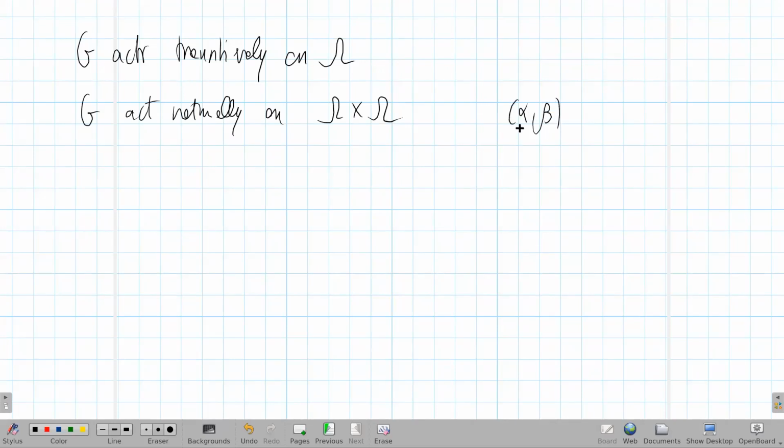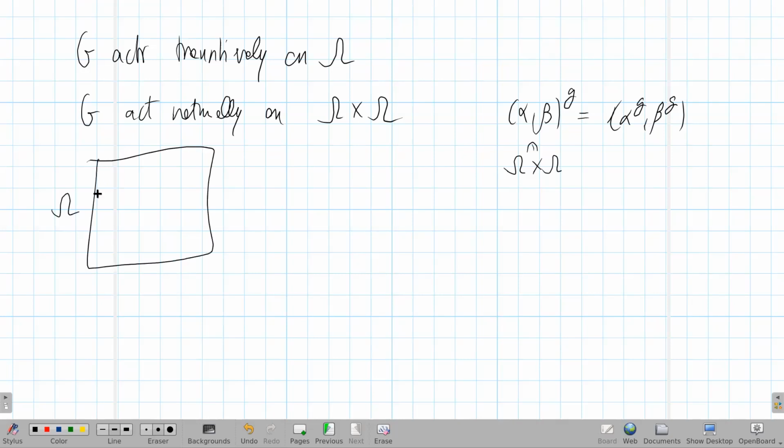If you have a pair in omega times omega, how does an element g of G act? Well, it acts separately on each coordinate. So in practice, you have a square where both the rows and the columns are labeled by the elements of omega.